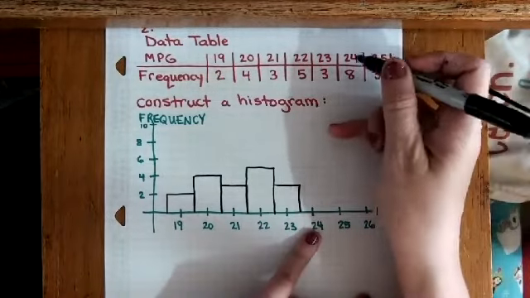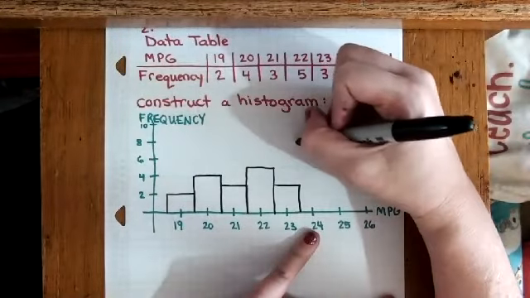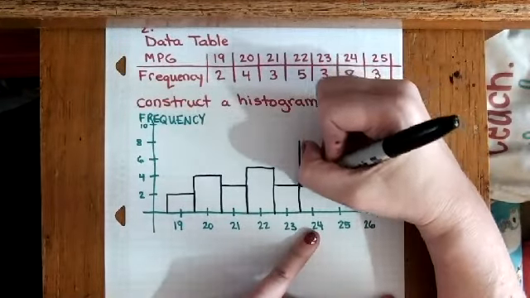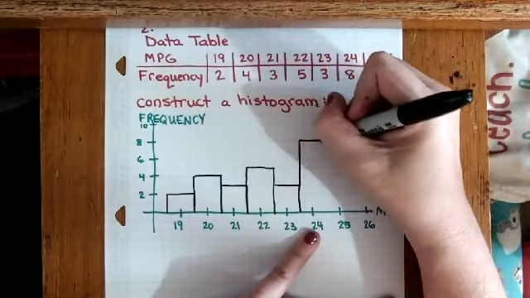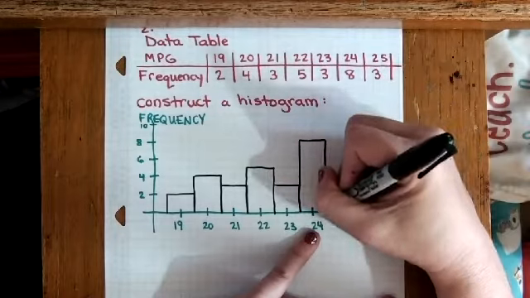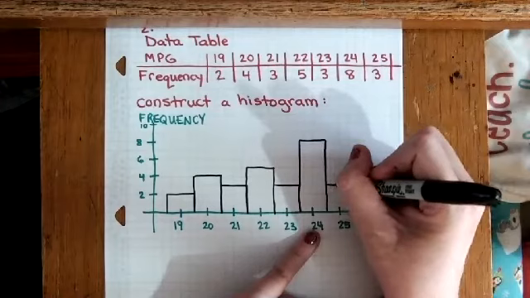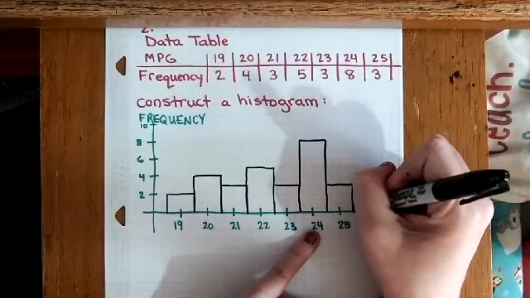At the 24, we go all the way up to the 8. And at the 25, we're back here at the 3.